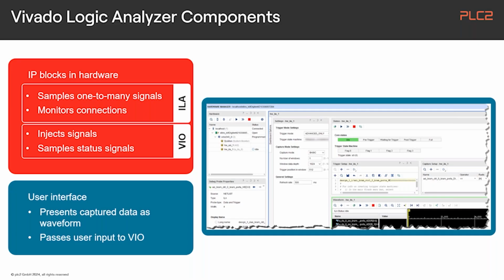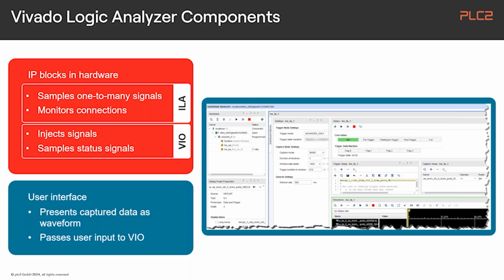The second part is the user interface of these blocks, and the user interface is the IDE, which can be found simply in the Vivado GUI context. You can launch this context as a task, or you will find that context also in project-based mode when you have a look at the Flow Navigator.